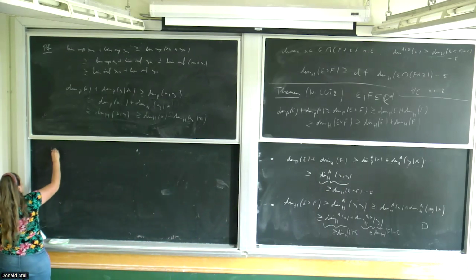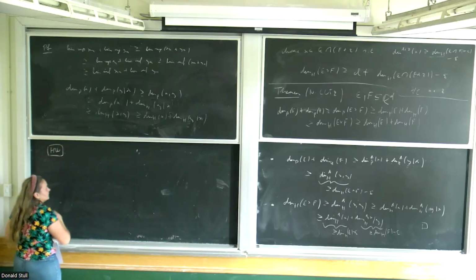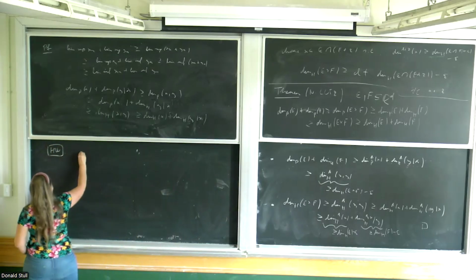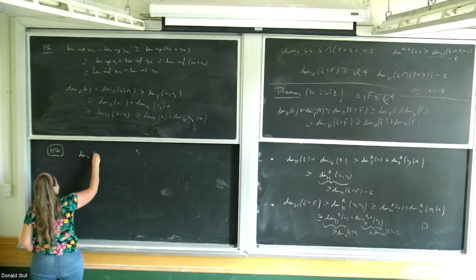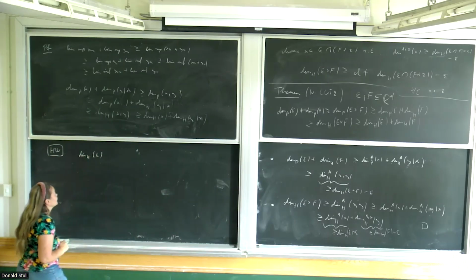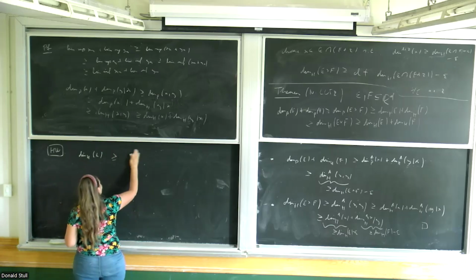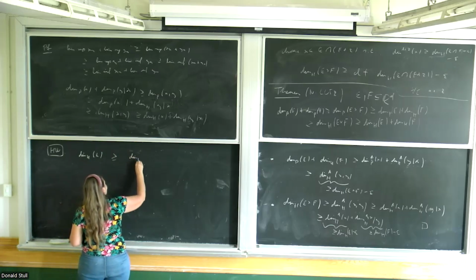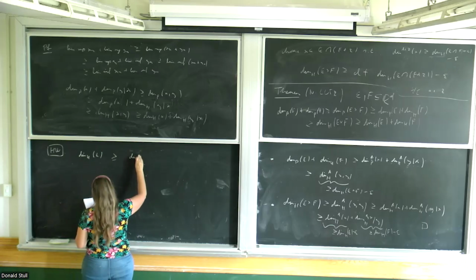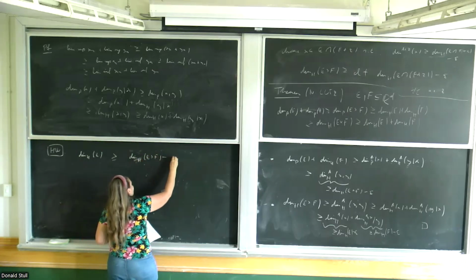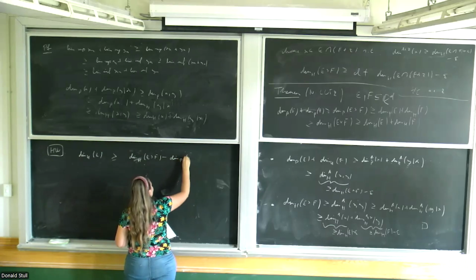This is the homework. So we know that the dimension of E, I just write one of these inequalities now. This is larger or equal than the packing Hausdorff dimension of the product minus the packing dimension.